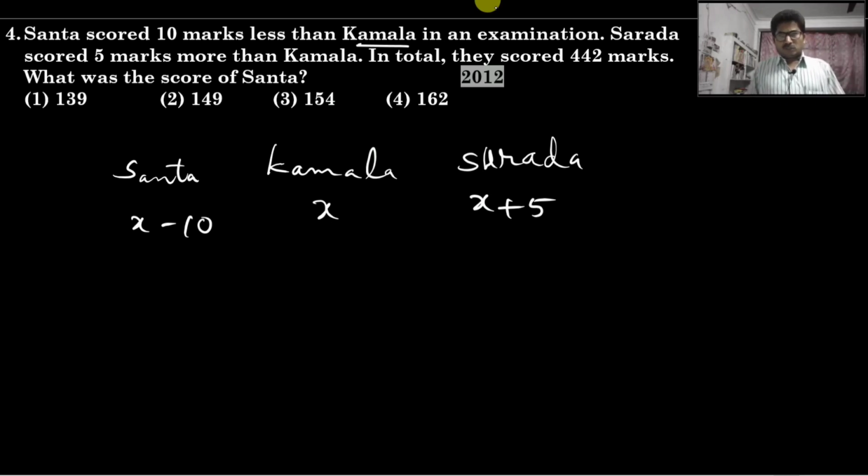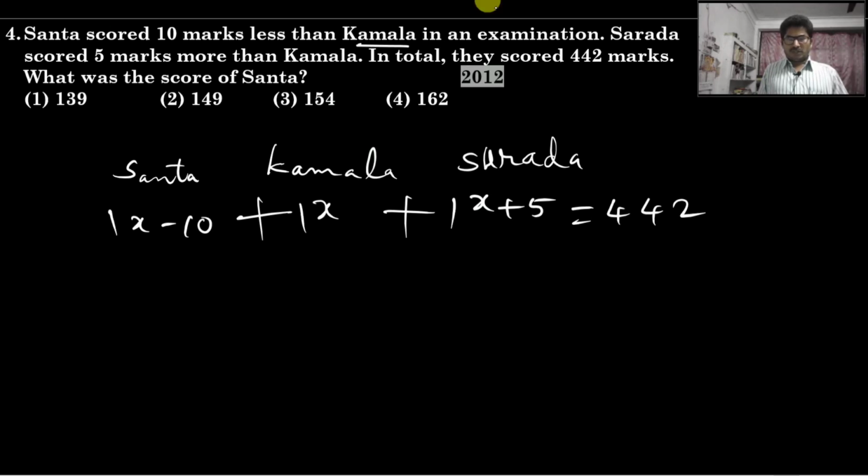In total they scored 442 marks. So total means sum, 442. So 1, 2, 3: 3x minus 10 plus 5, so minus 5, is equal to 442.